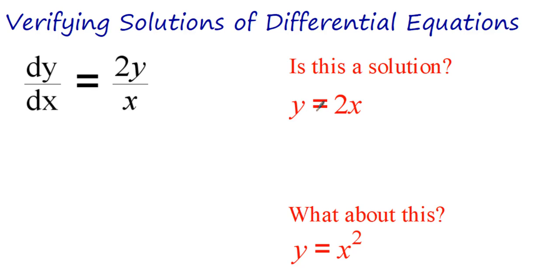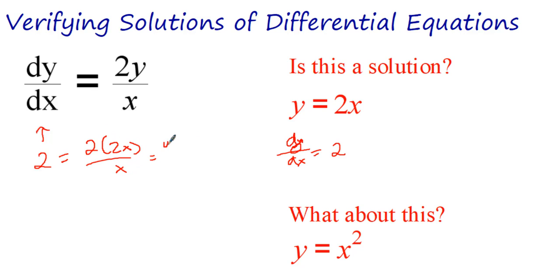So we're going to take the derivative of both sides. We're going to do d over dx to both sides. So we get dy over dx, the derivative of y, is equal to 2 times dx over dx, which is just 2. And so I know dy over dx is equal to 2. I know 2 times y. What is y equal to? It's 2x over x.